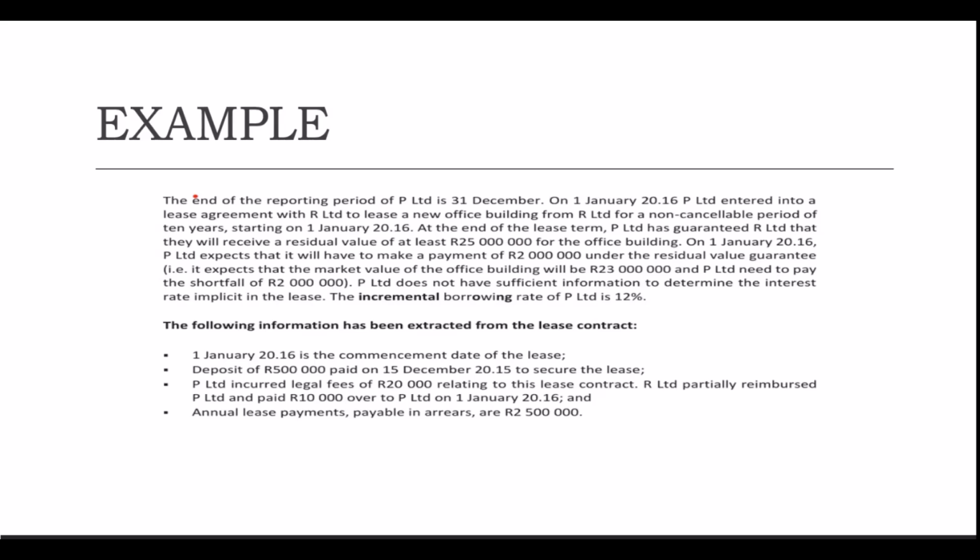That's the date of commencement. You know the annual lease payment to be 2,500, payable in arrears, payable at the end of every year. Sometimes UNISA can say payable in advance. I'll show you. When we say payable in advance, you put your calculator into the beginning mode.